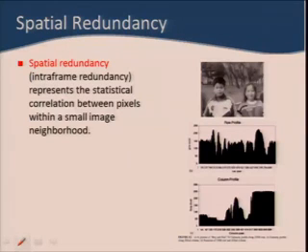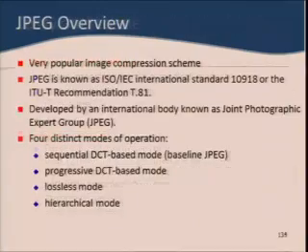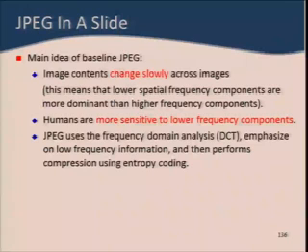This is as opposed to an area such as this texture region, where you have the leaf, trees, branches, the foliage region. For this region, the pixel value tends to change quickly. That means a high frequency region. But for most natural images, you tend to have more area where pixel value changes slowly. So that's the first observation: image content tends to change slowly.